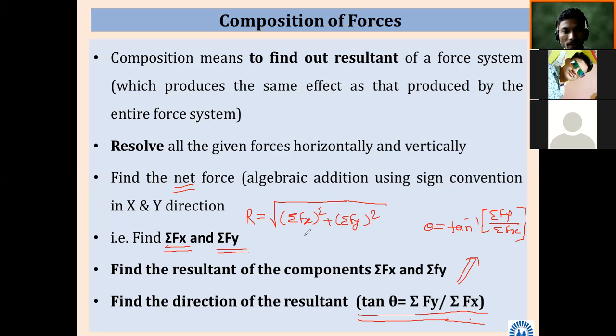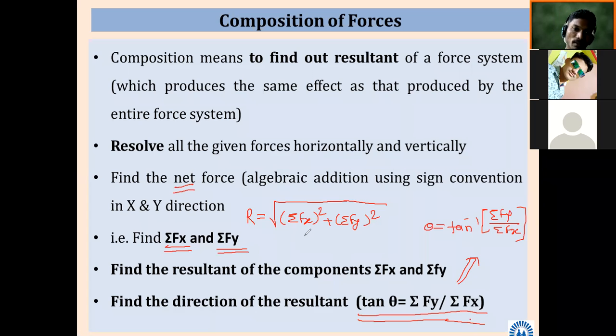The addition of all y components, or vertical components, will be known as summation Fy. Once these components are calculated, we apply the formula: resultant R is equal to under root summation Fx square plus summation Fy square.